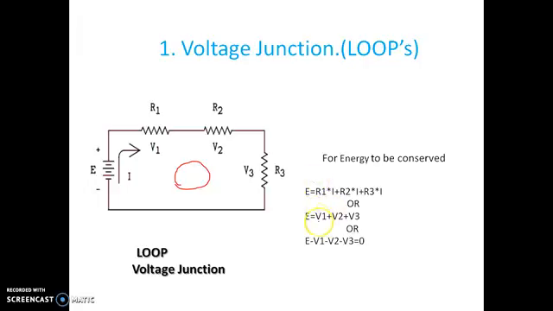As we know, V1 equals R1 into I from Ohm's law, and similarly for the others. If there are n number of resistors present in this circuit, then the equation will be the summation of Vn equals 0, where Vn is the voltages in the circuit.